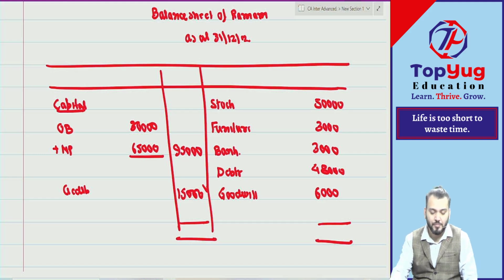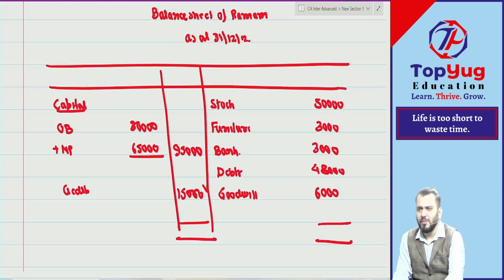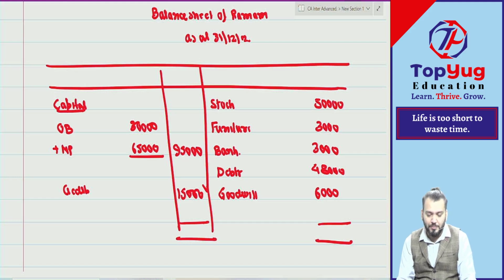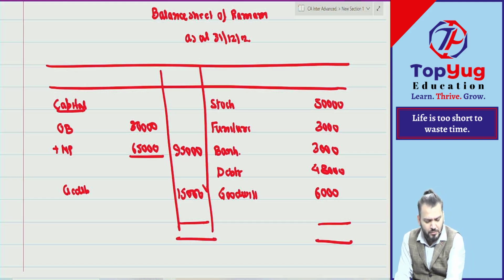MRQ written? One more good question we'll take. Today whatever questions we are taking, we'll be taking good questions. Question number 5, we have done. Sorry, 5 we have done. Then 6 we have done. So 6 we will do.